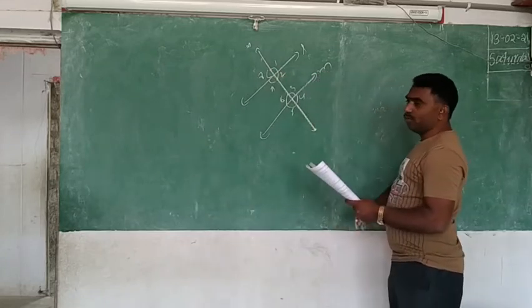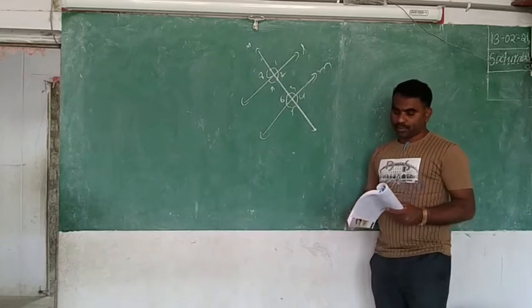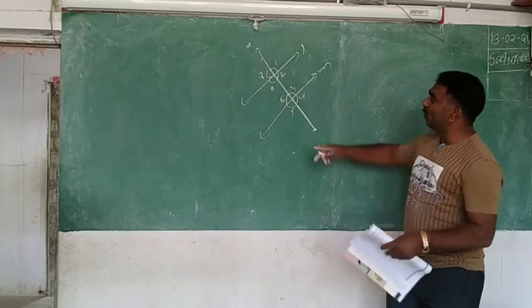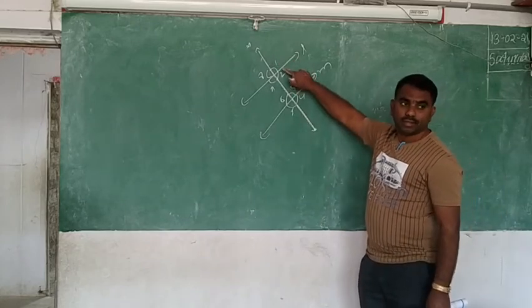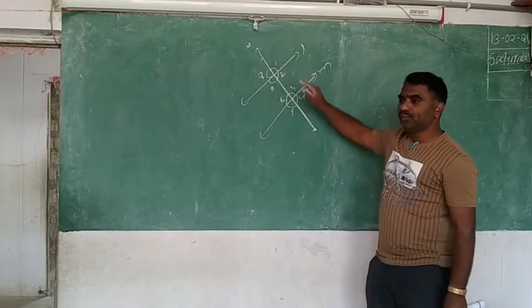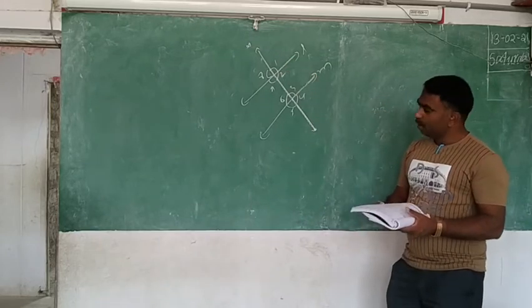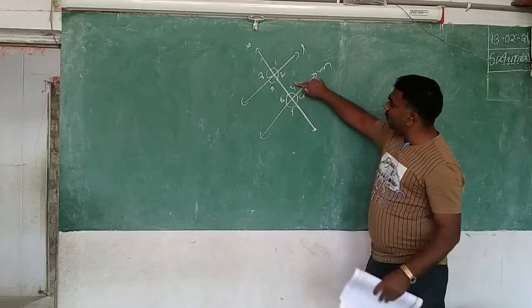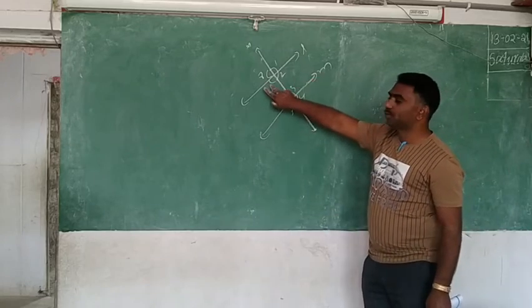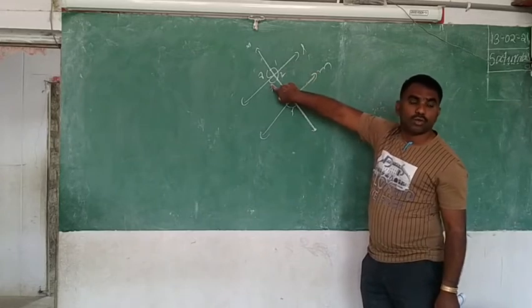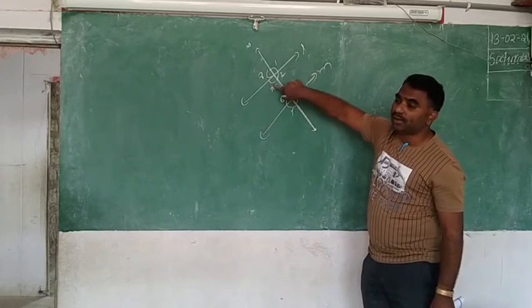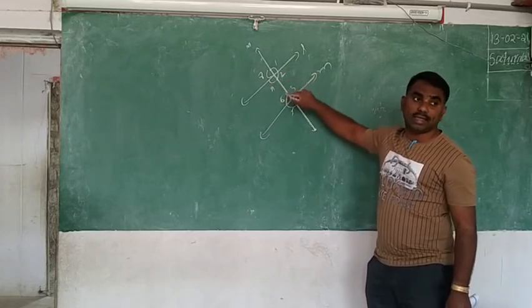He is giving different values portion by portion. Angle 1 is 80. Means how much is the second one? 100. Which is 80, means this is 100. Angle 3 is 45. Then how much is 7? 45. Then this is how much? 45 only. Why? Because these are alternate angles.